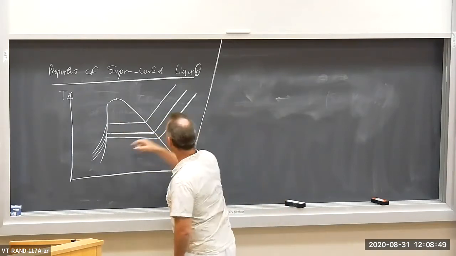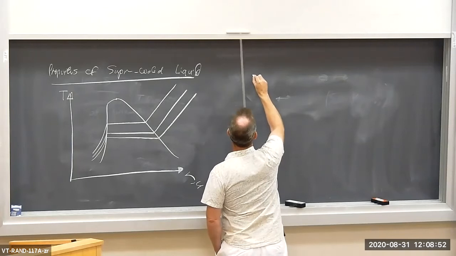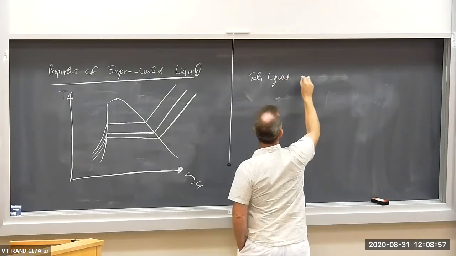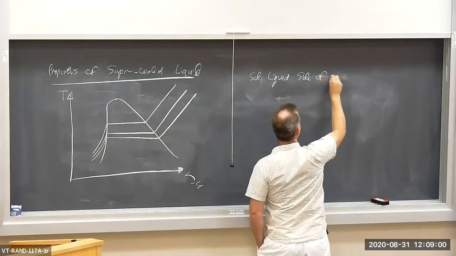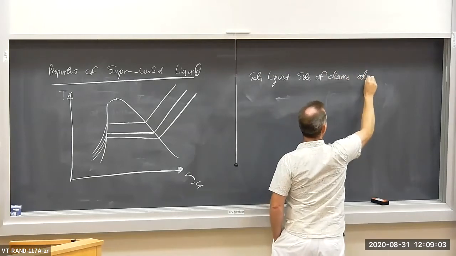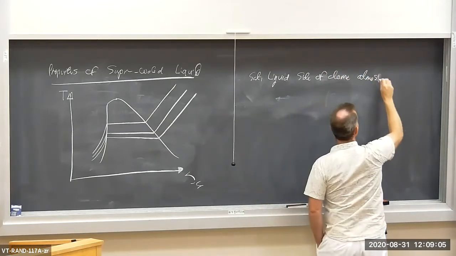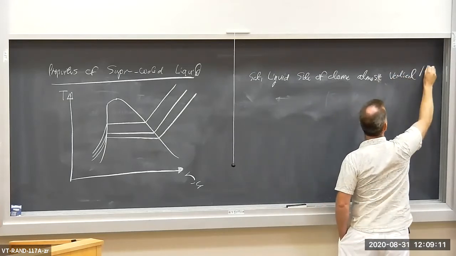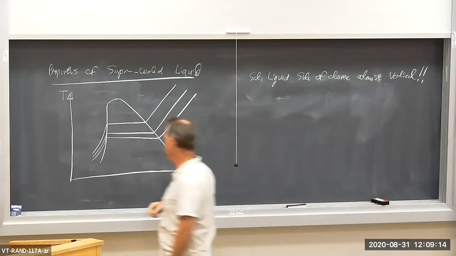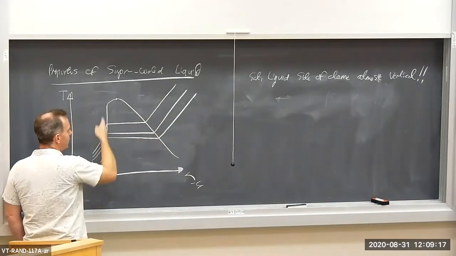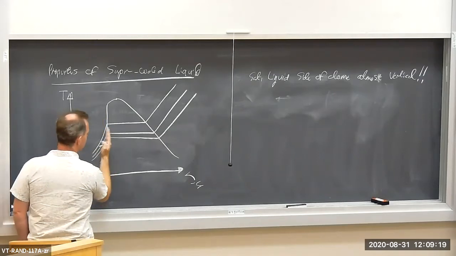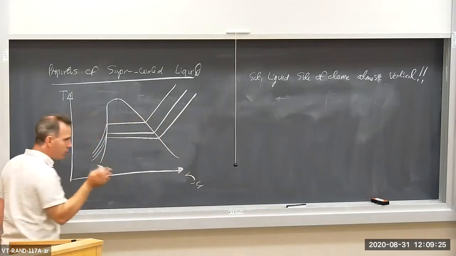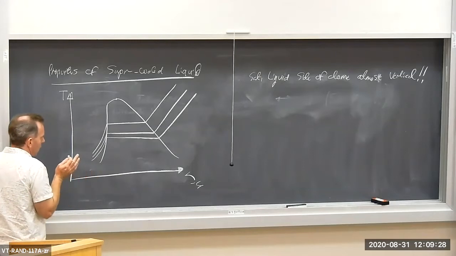Given that it's so steep on the saturated liquid side of the dome, almost vertical, what that means is specific volume and specific internal energy don't change much with temperature. Okay, they don't change much with pressure, and they don't change much with temperature either.